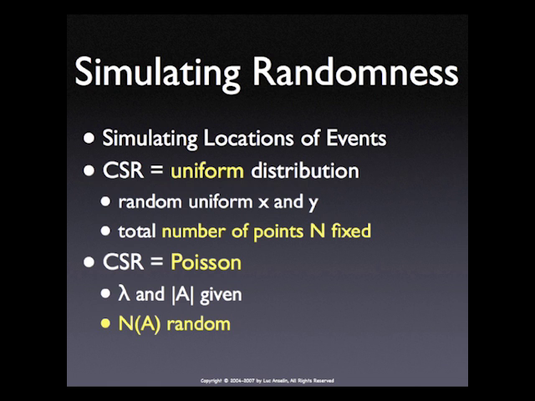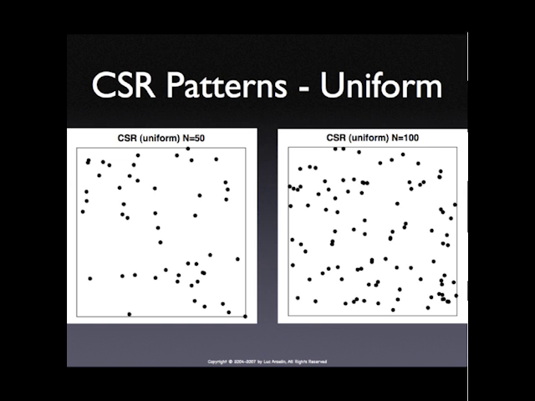And if you do this again, and we'll do this in the lab, you get a point pattern that looks slightly different, but has the same characteristics. The reason I want you to look at this for a while is that you might be tempted to say, well, this is kind of a cluster here and this is kind of a cluster there. Not so. This is as random as it gets.